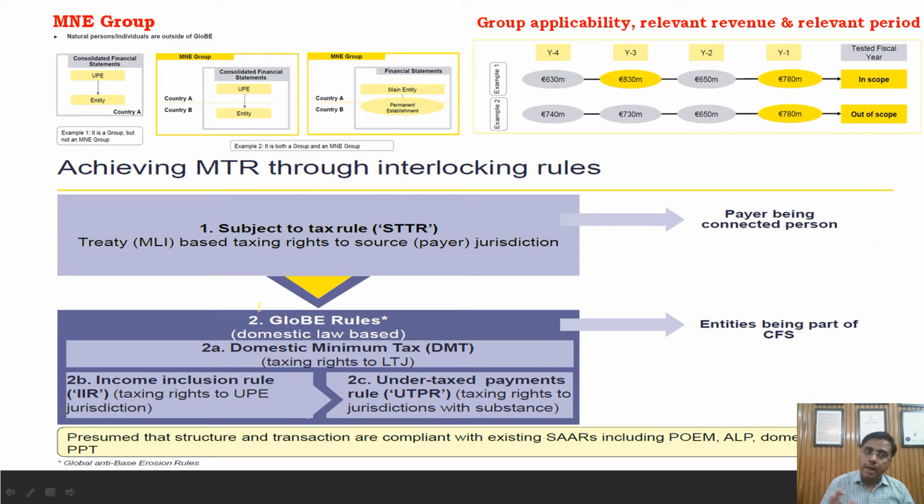So what is an MNE? Suppose your company is doing business in one particular jurisdiction only, then it is called a group company. It is not an MNE group company. Suppose your mother company is situated in some other country and you are doing business in other countries also, then you fall under the MNE group.